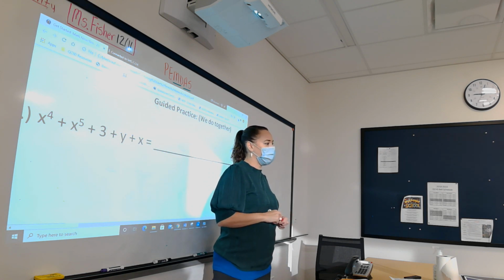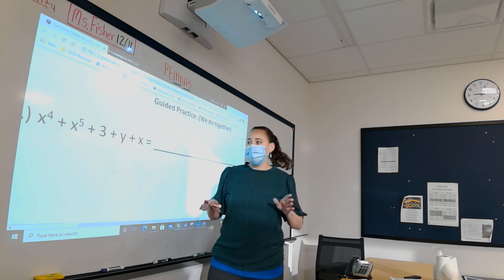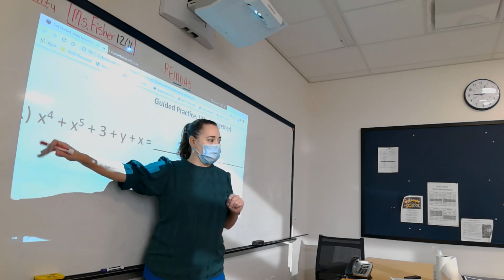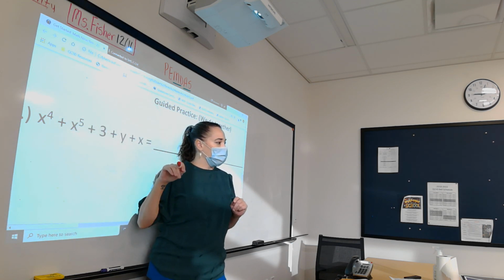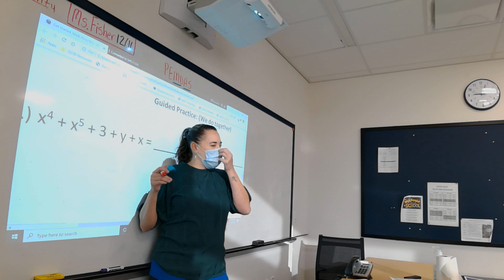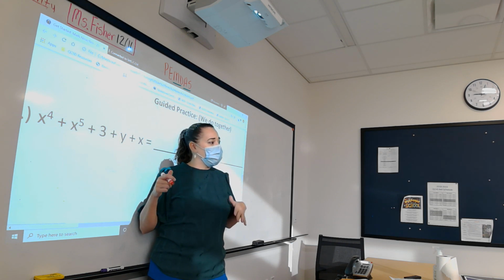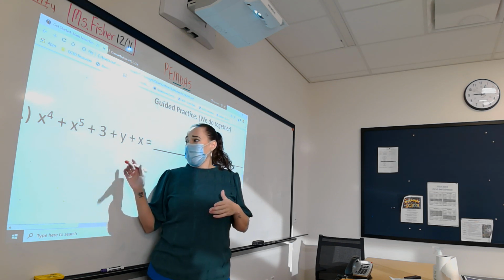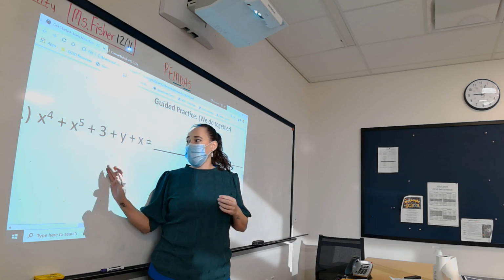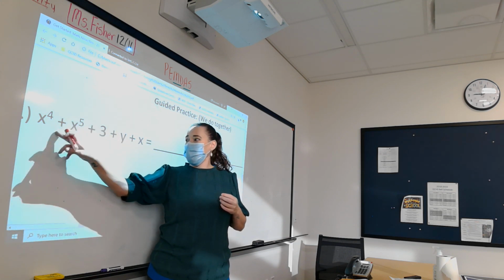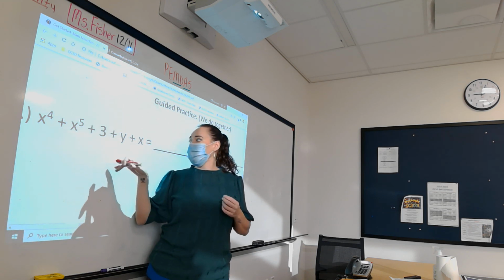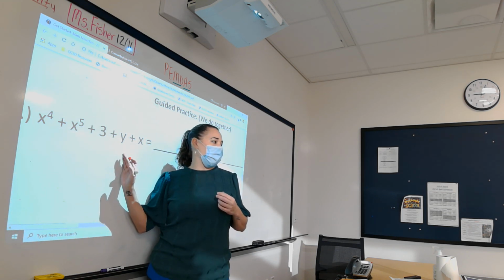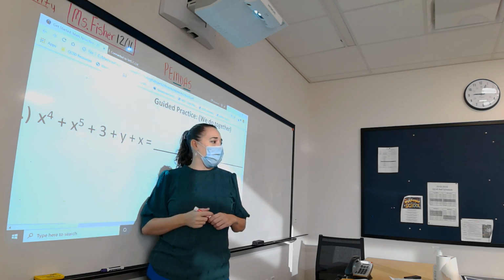The first thing I always do is separate the terms with my variables and my constants, because the constants always go last. Now that you understand that step, you can combine this step into it and say, if it's a different letter, I'm going to also separate. So I'm going to put my x's together, and if there were multiple y's, I'm going to put my y's together. So you can separate that as well.